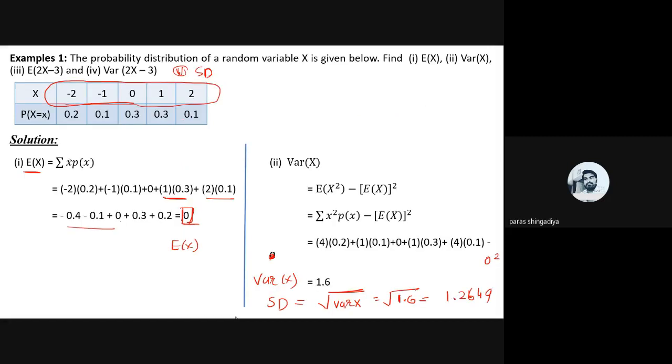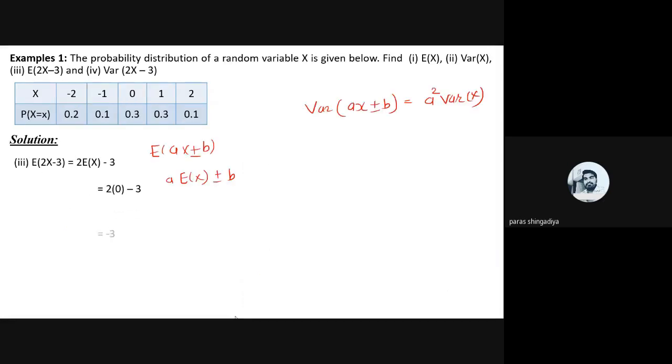Have all of you cleared this example? It's not very difficult, it's very easy. We just apply the data as per the formula.